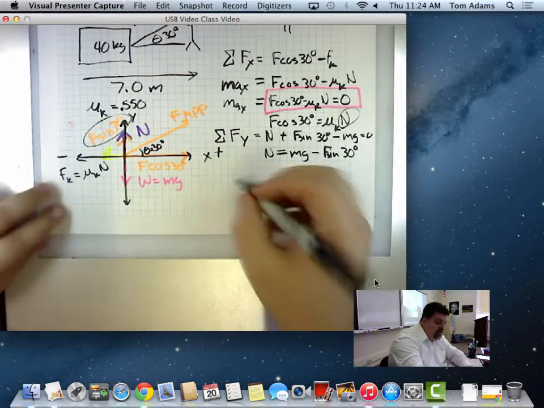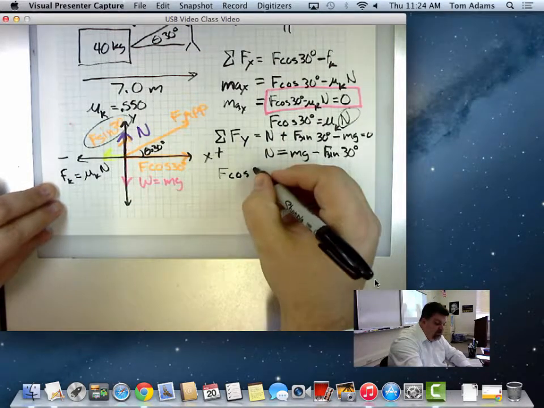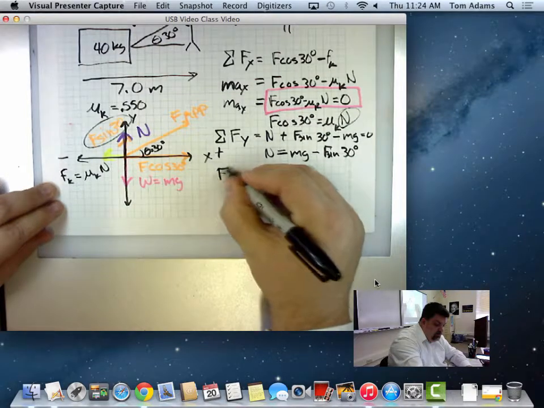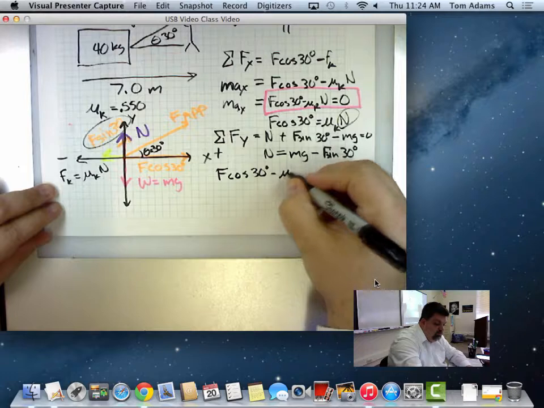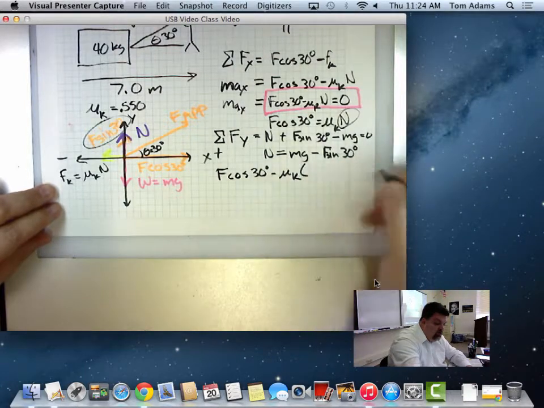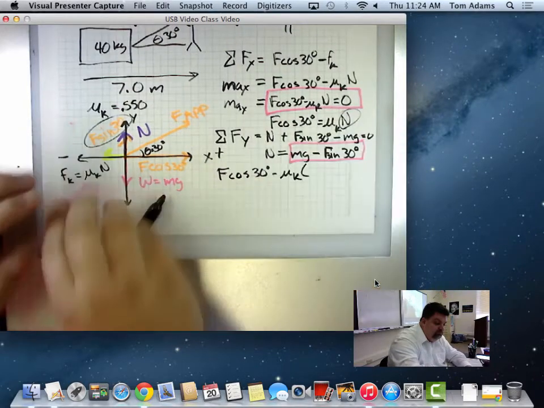So I'm going to rewrite that line, and I'm going to say the force times the cosine of 30 minus mu k times the normal. But we just said that the normal is all of this stuff, didn't we?